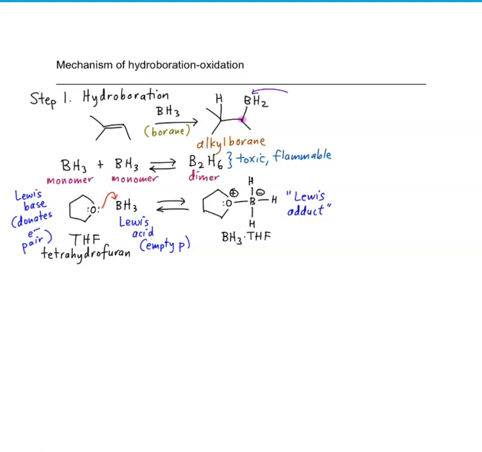Less sterically hindered means that there's more room around that carbon. If it had steric hindrance associated with it, that would mean that it had a lot of groups attached to it, and it would be hard for another reagent to approach that carbon. So in this case, one of the main reasons why we get the result that we do is because the BH2 group attaches to the less substituted alkene carbon, because that carbon is less sterically hindered.